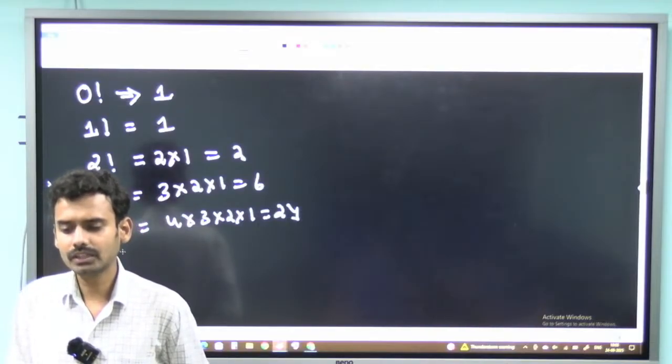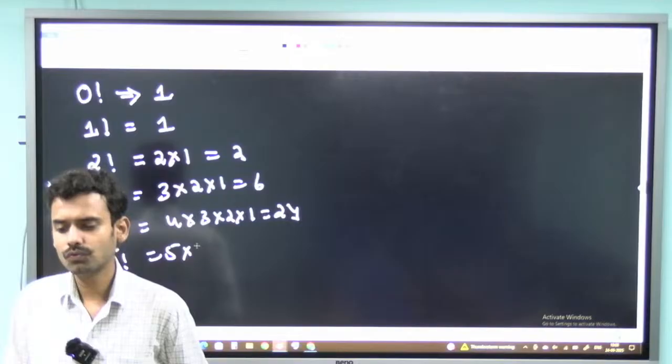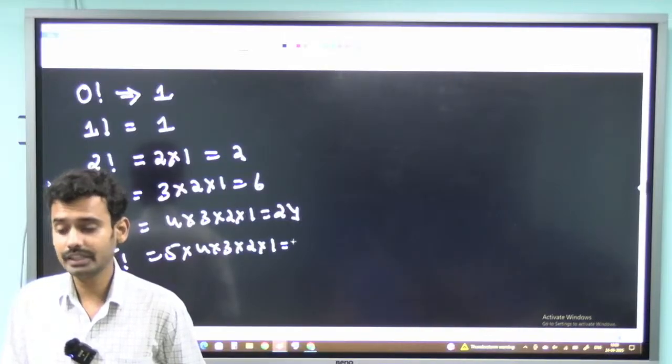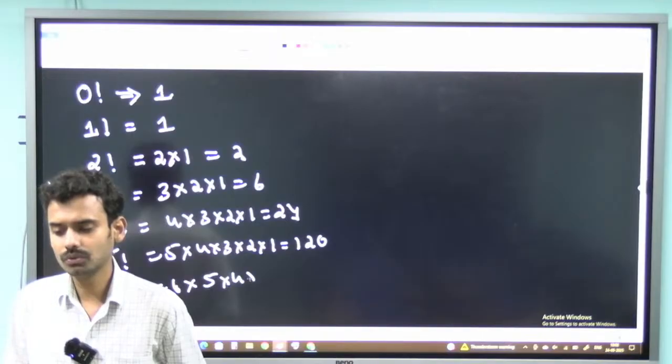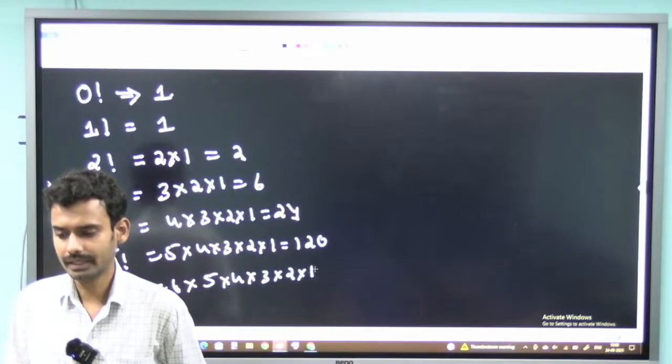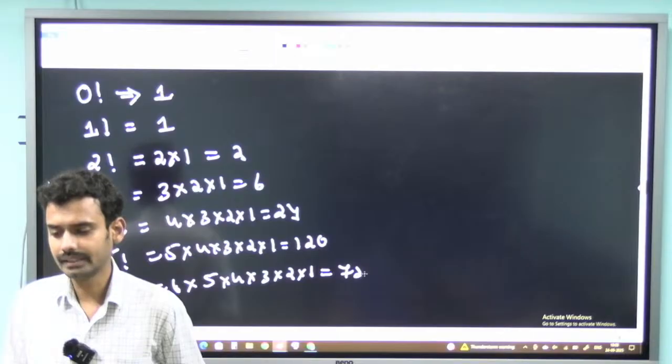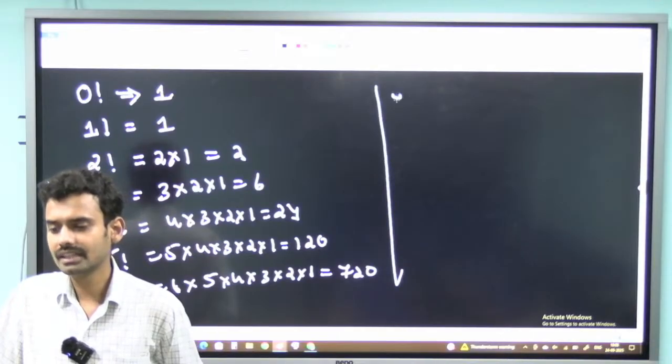Then 5 factorial, that is 5 into 4 into 3 into 2 into 1, which is how much? Just now we found that value as 120. Then 6 factorial will be 6 into 5 into 4 into 3 into 2 into 1, which is 720. Similarly, we can have 7 factorial value as 5040.